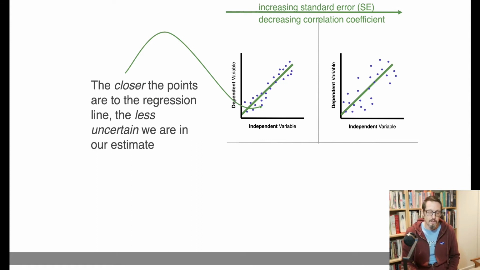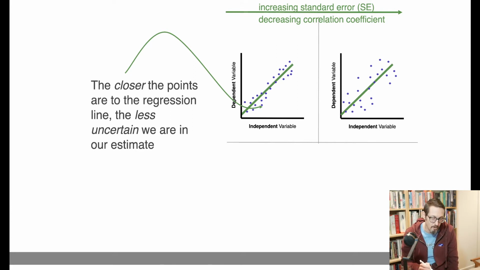So the effect size, the slope of the line, has nothing to do with the spread of the data. The correlation coefficient measures the spread of the data. If it's just a circular blob, the correlation is 0. If it's a tight, perfect line, the correlation is 1.